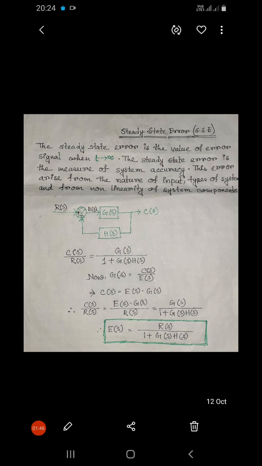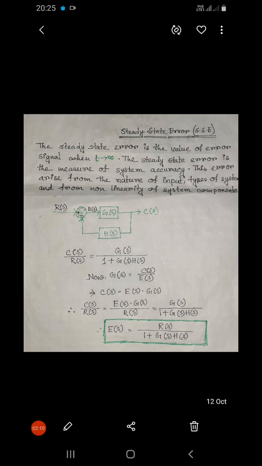Now we can analyze the signal. We will get an equation for the signal. Generally, we can observe in this block diagram, R(s) is our input and C(s) is the output for this closed loop control system.